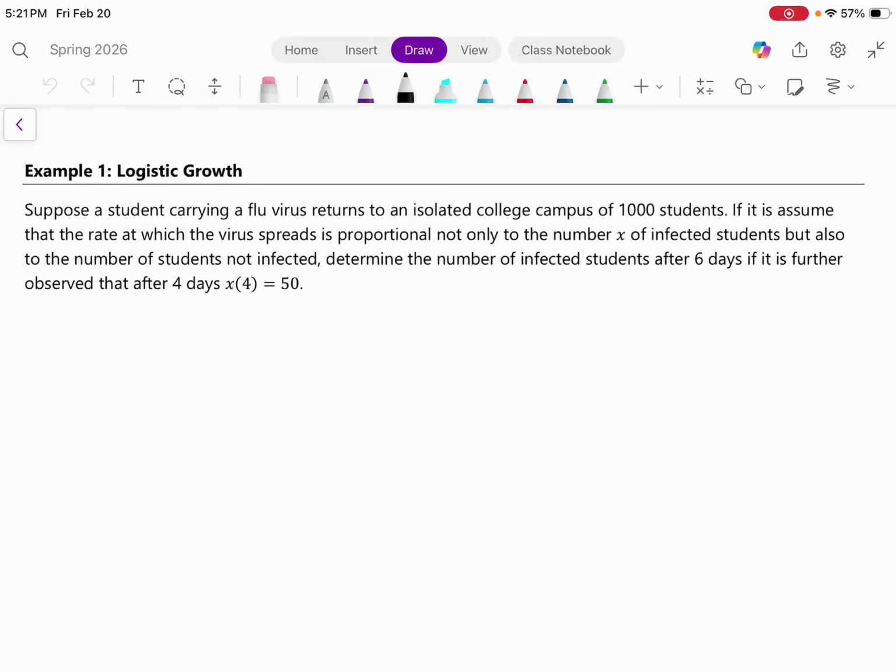Suppose a student carrying a flu virus returns to an isolated college campus of 1,000 students. If it is assumed that the rate at which the virus spreads is proportional not only to the number X of infected students, but also to the number of students not infected, we want to determine the number of students infected after 6 days if it is further observed that after 4 days, 50 students are infected.